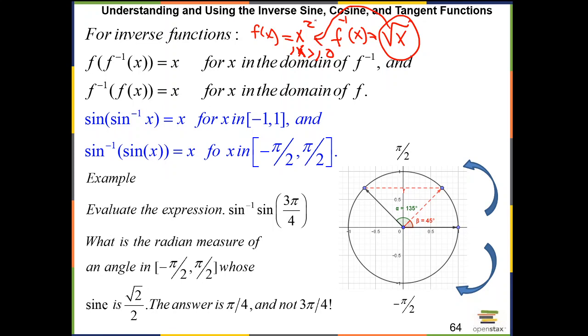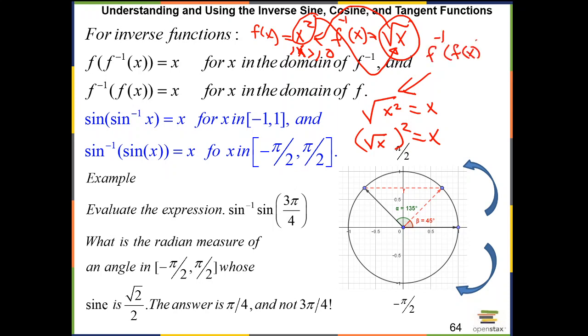And if you take x squared and input it into f inverse, you get x, because x is positive. So square root of x squared is x, and also square root of x to the second power is x. Notice that is f inverse of f of x, and that's f of f inverse of x.